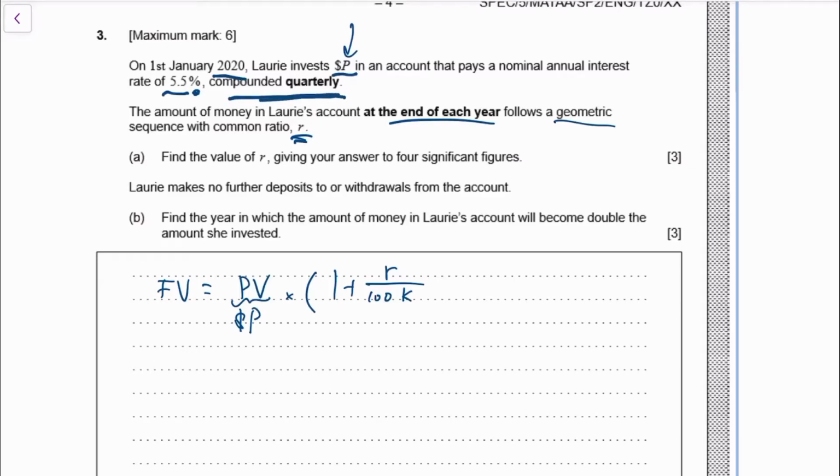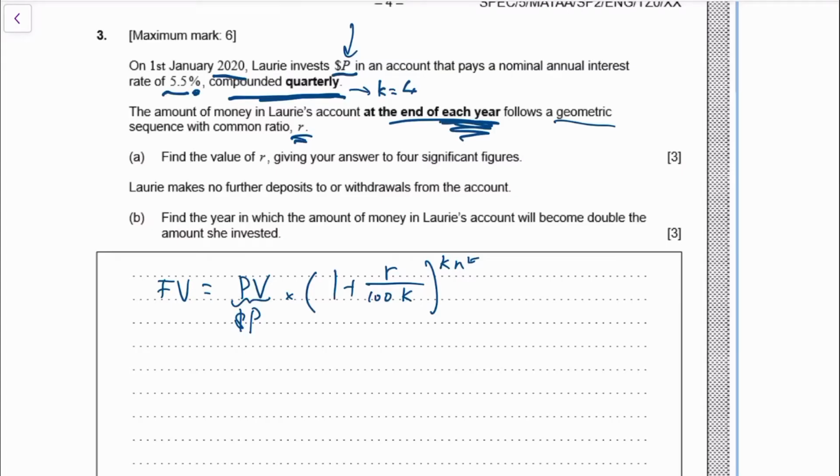So if you compound quarterly, that means K is 4, because each year has 4 quarters, to the power of K, and this K is the same as that K, they're both 4, times N. N is the number of years, okay? So if you're looking for each year, N is basically 1.